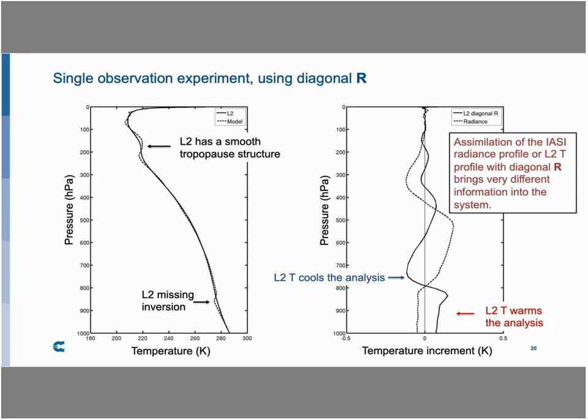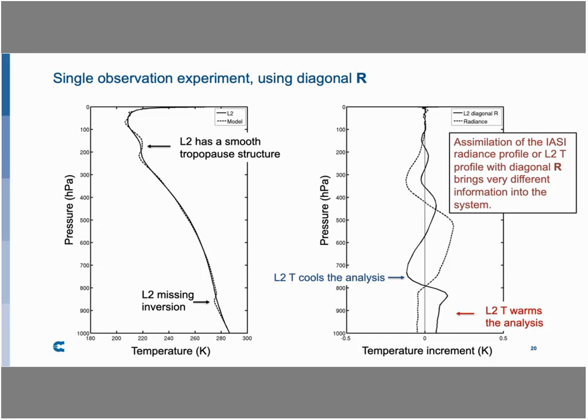And the left-hand figure here is showing the single profile used in the single observation experiment. So the solid line is showing the retrieval temperature profile, and the dashed line is showing the model counterpart for this profile. And even though it was a good quality profile that we selected, it happened to be a case that has both a missing low-level inversion and a very smooth tropopause structure compared to the model profile.